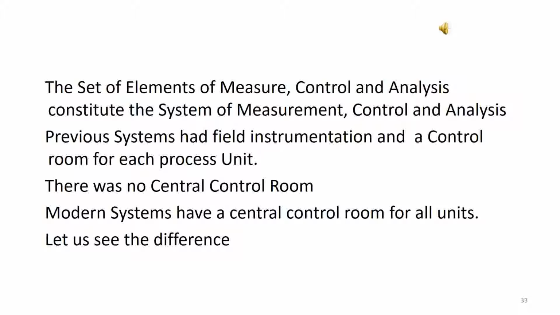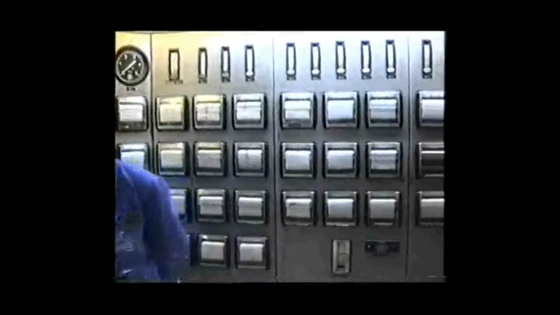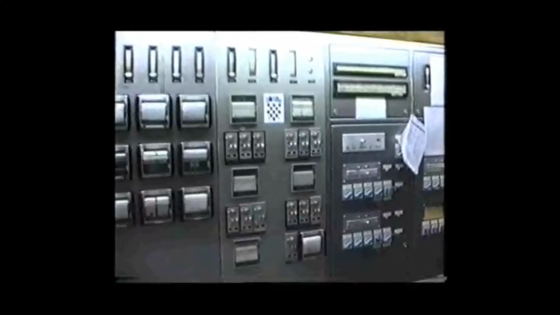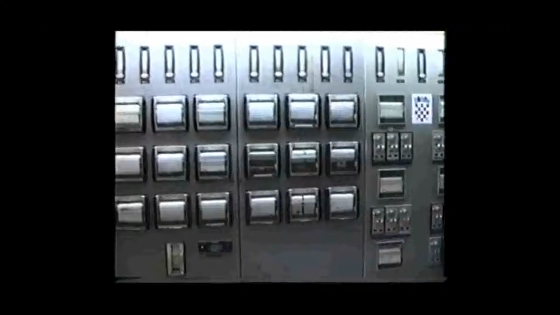لنرى الفرق. Velimir, 24 years younger, is showing first the old control room consisting of control board containing single loop controllers with recorders and indicators, pneumatic on the left and analog electronic on the right. Piping and instrumentation diagram of the unit is shown up on the wall.